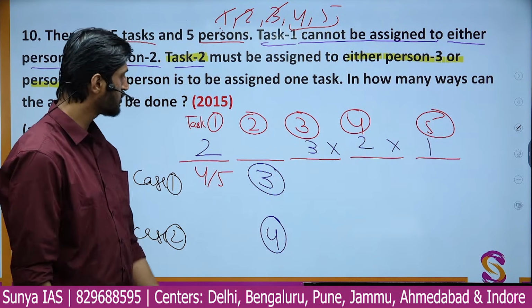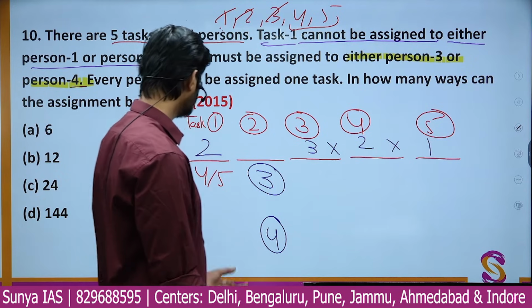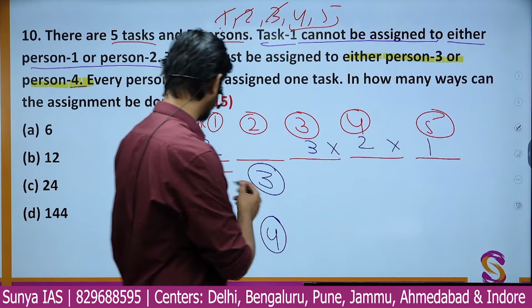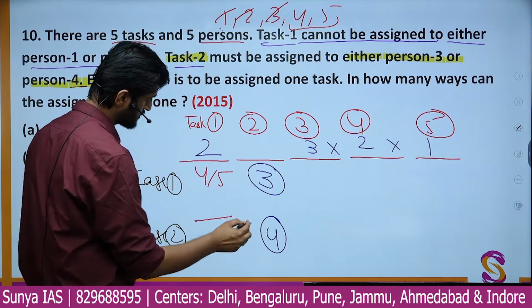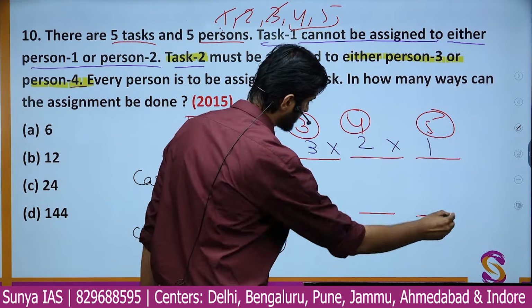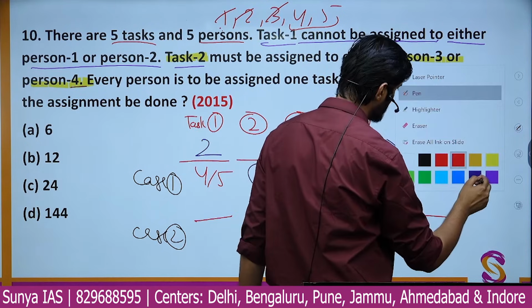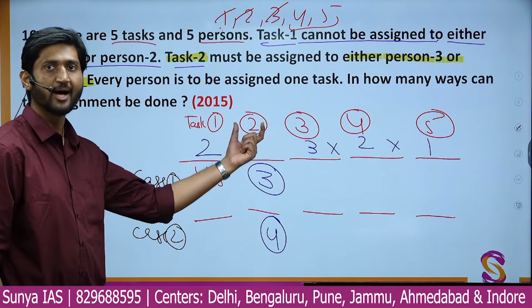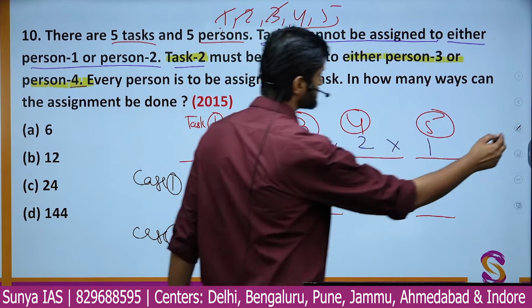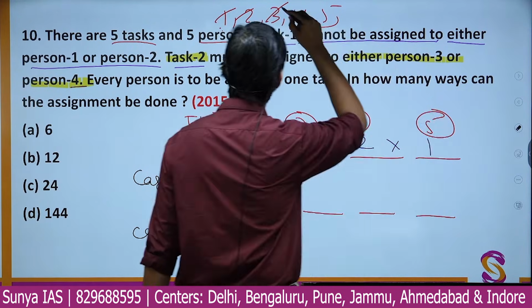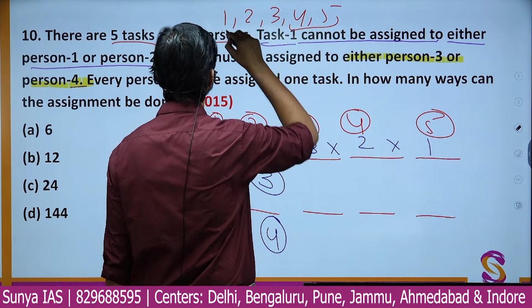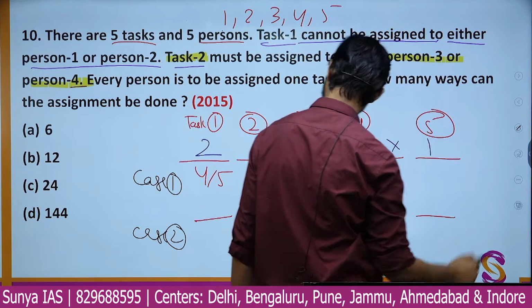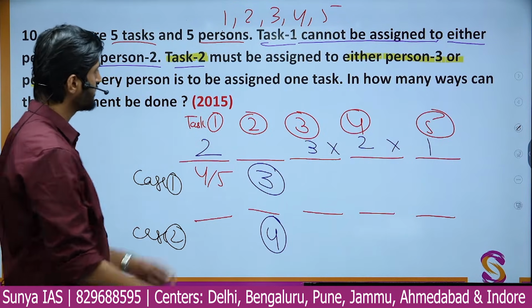Similarly, if we look at this way, let me write the blocks again here. Again, if we are having 4 for the second task, and for the first task, we cannot choose 1 and 2.